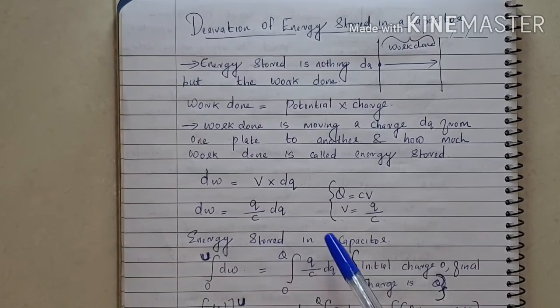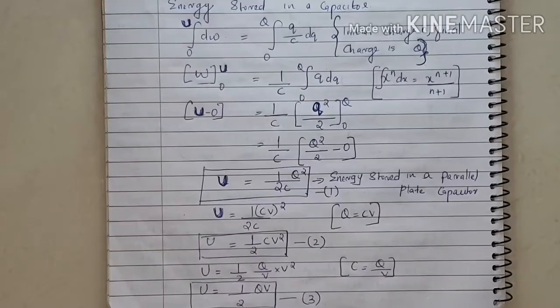So, energy stored in a capacitor can be found by integrating both sides, that is integral 0 to U dW equals integral, initial charge can be taken as 0 and final charge can be taken as Q, 0 to Q, Q by C dq.